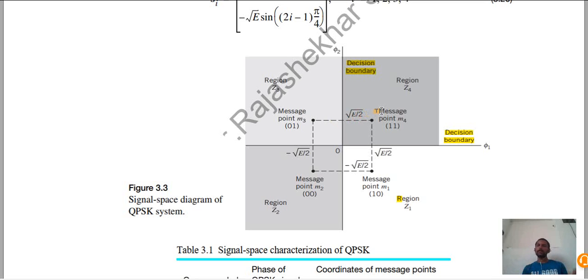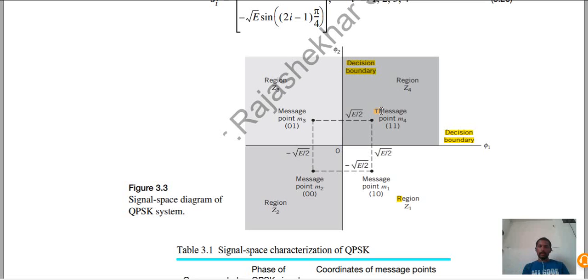And there are four message points, as I said, which are represented by the gray codes, that is 1 1, and like that 1 0 is the first message point, then one bit change is 0 0, and the next one bit change is 0 1, and one more bit change is 1 1, so the message points are 1 0, 0 0, 0 1 and 1 1.